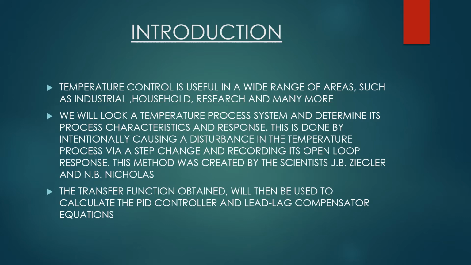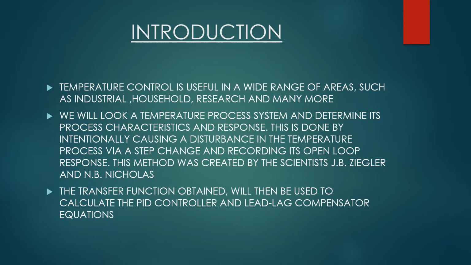Introduction. Temperature control is useful in a wide range of areas, such as industrial, household, research, and many more. We will look at a temperature process system and determine its process characteristics and response.